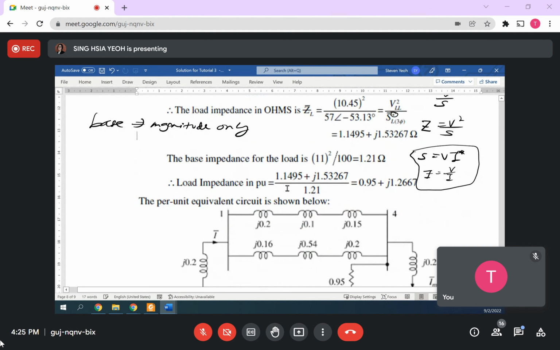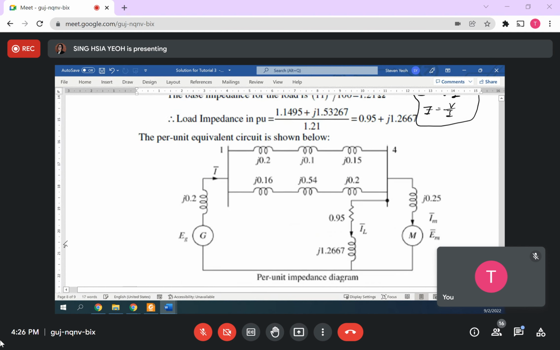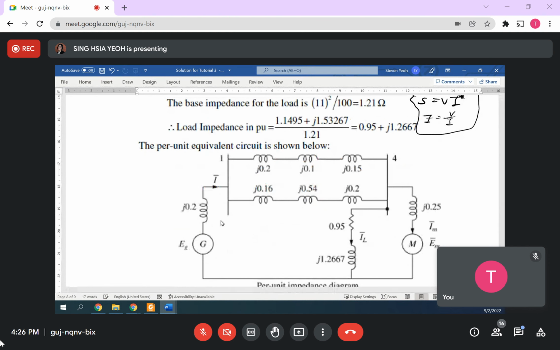Then this one you get, you divide the actual value by the base, so you get the per unit. Then draw the diagram. This diagram needs to explain: this one will be XT1 value, then XT1, X line 1, XT2, XT3, X line 2, XT4, motor, X motor, then the X load here.